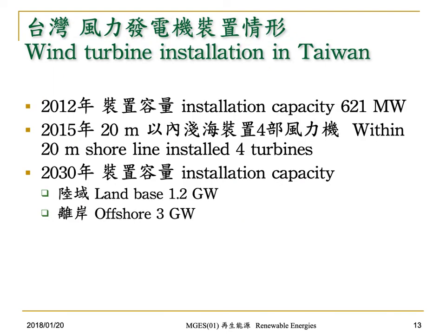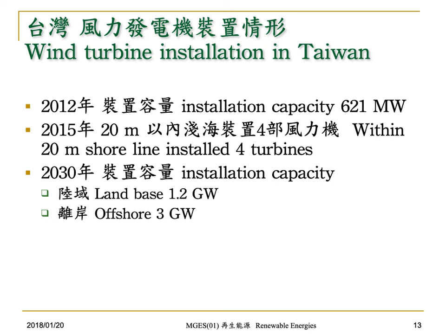This is the Taiwan wind turbine installation condition. In the year 2012, the total installation is 621 megawatt. And then by year 2015, in the near shore, offshore, 4 wind turbines were installed.